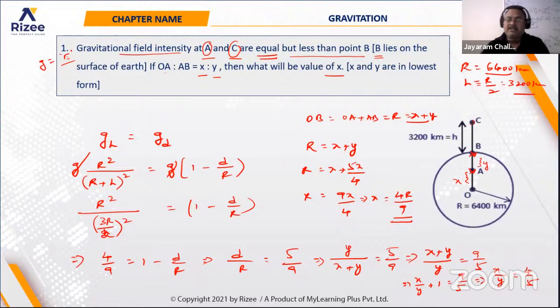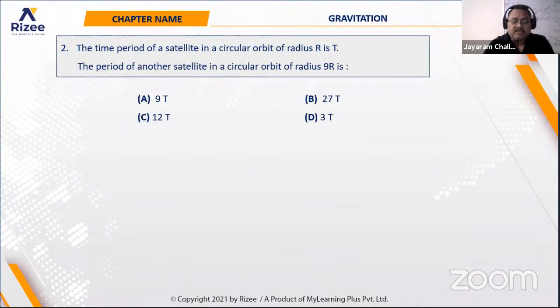Next one. The time period of a satellite in a circular orbit of radius R is T. Circular orbit means the radius is from the center. The time period of another satellite in a circular orbit of radius 9R: directly go for Kepler's third law.